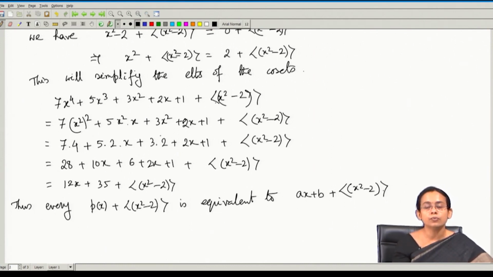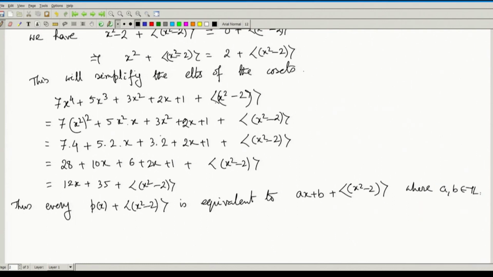I will be left with only the linear term. So, I can rewrite any polynomial, as I have shown above, as a polynomial of the form a x plus b, where a and b vary over the integers.